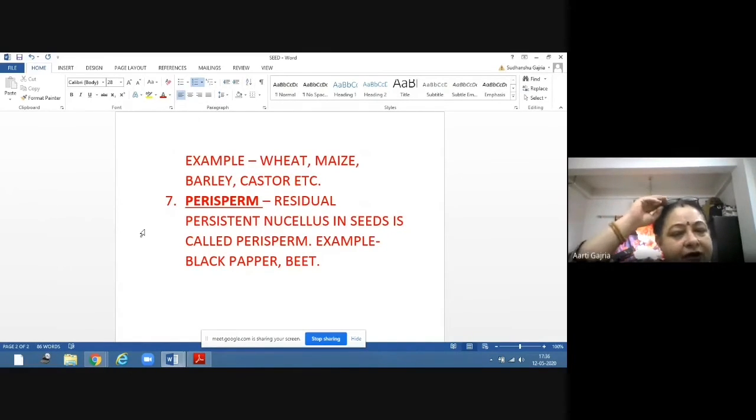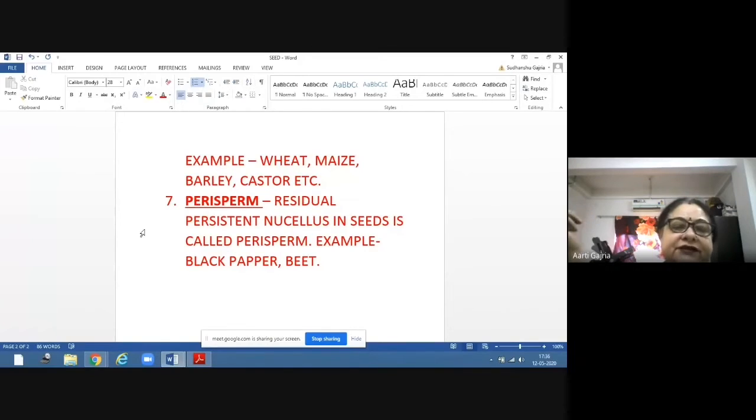So in some of the seeds, some nucellus is still present inside the seed. So this residual, the leftover, persistent nucellus in seeds is called perisperm.